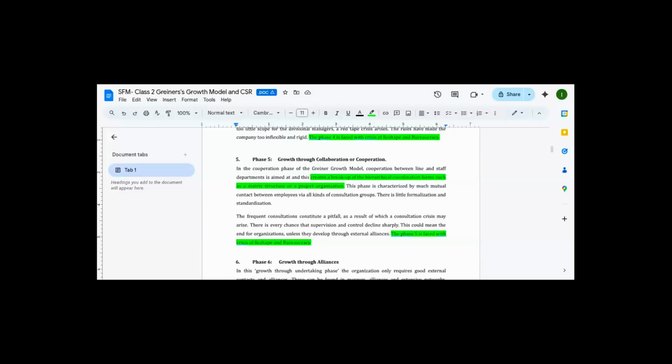We have little supervision because all the staff know what to do. Anytime there is a lapse, they can assist themselves to cover up, assist themselves in solving, and carry out division of work. So in this phase, there is every chance that supervision and control decline sharply.